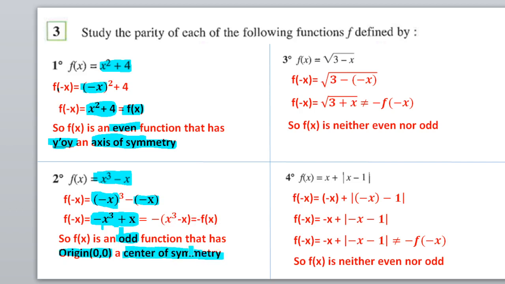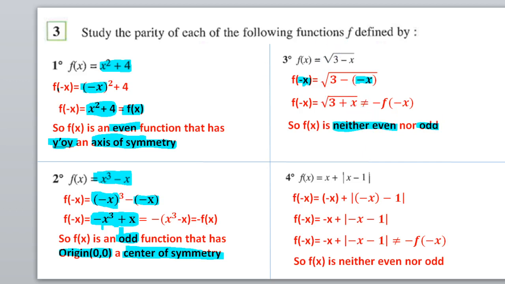يعني بس أنت بتجيب ال f of minus x وبتشوف. طيب f of minus x equal radical 3 minus bracket minus x. So it's equal radical 3 plus x. طيب look at this، هذا وهذا ما في شيء بيشبه بعضه here ولا هو opposite. So it's neither even nor odd يعني it's not the same and also the sign is not.